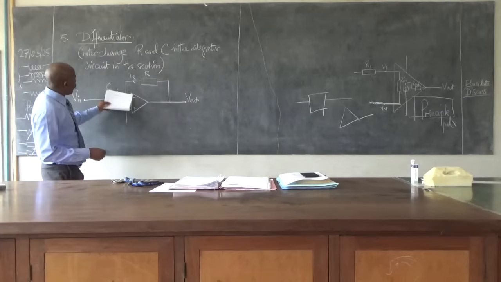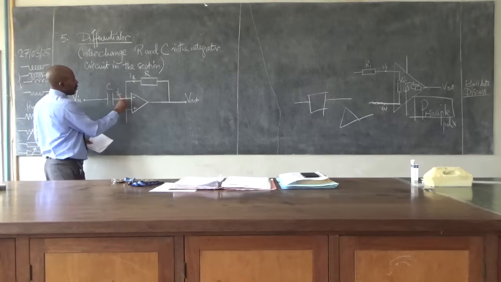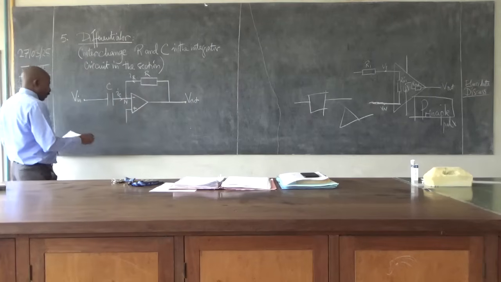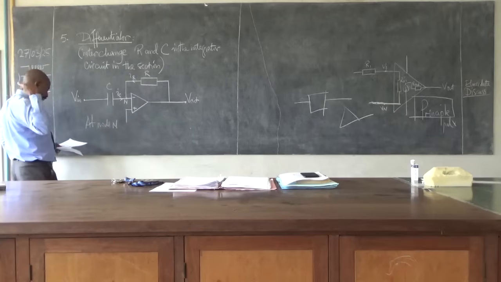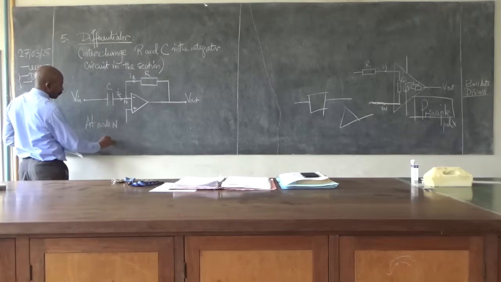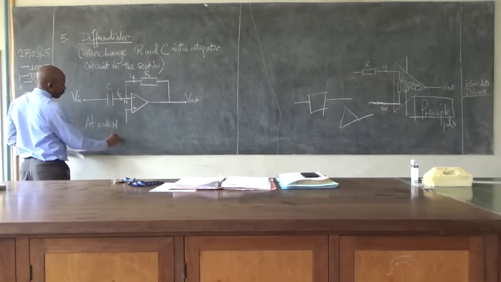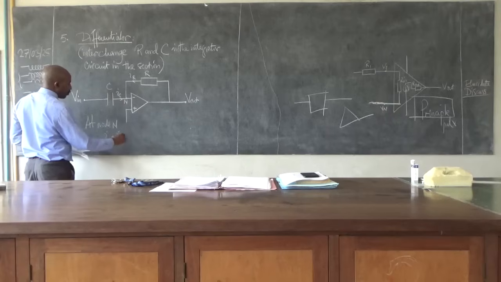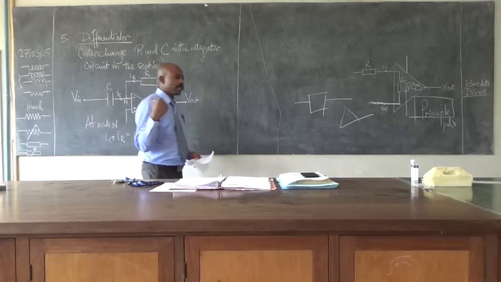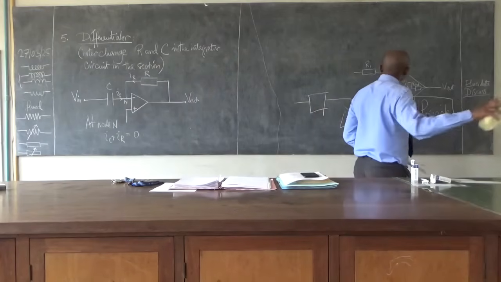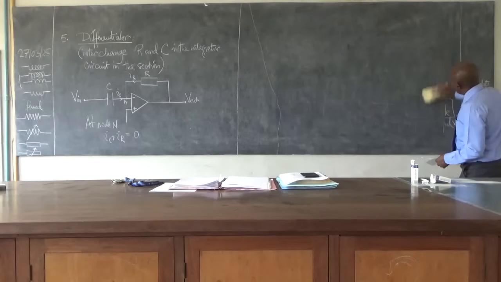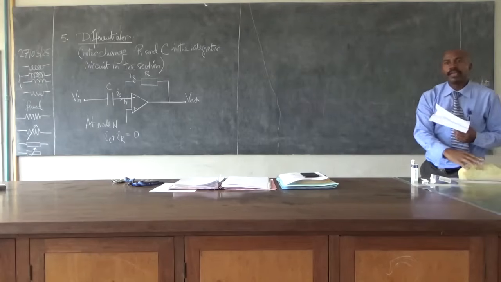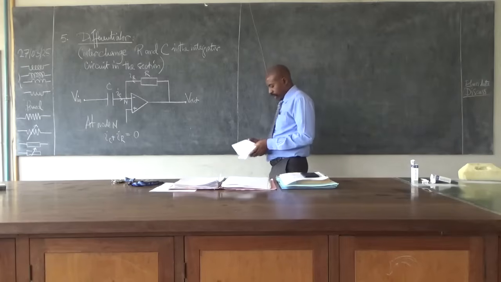So at node N, we follow through the assertion that the sum of the currents at node N is equal to 0, simply because you can never have any current going in or getting out of the path.